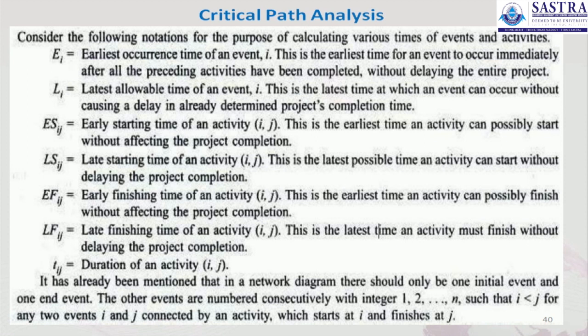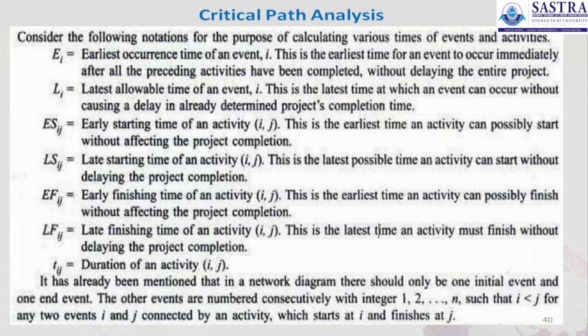This is the earliest time for an event to occur immediately after all the preceding activities have been completed without delaying the entire project. And LI is the latest allowable time of an event. This is the latest time at which an event can occur without causing a delay in the already determined project completion time.